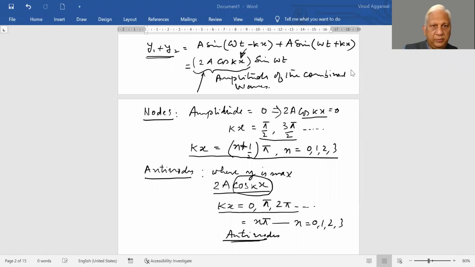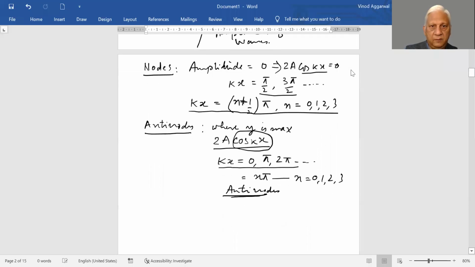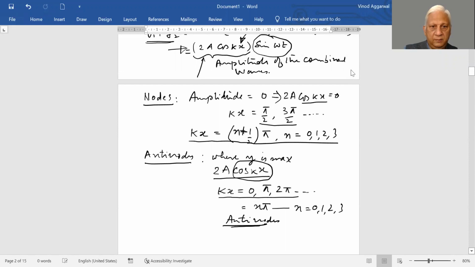Now, if we look at this equation, if our sine omega t is 0 for any x, because it doesn't involve x, it involves only t, then what will happen?